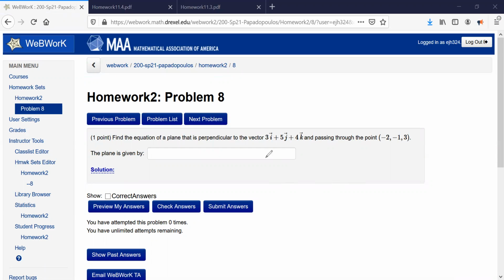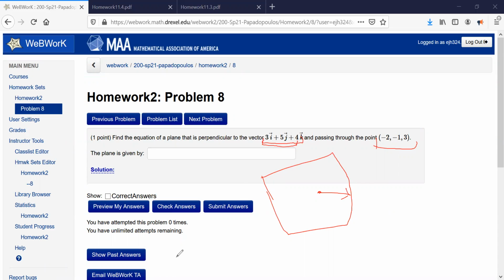Well, basically, if we have a plane, and we've got this point on it, and then we've got this vector that's perpendicular to this plane at this point, it turns out very nicely that the normal to this plane, the vector that's perpendicular to this plane, is going to have basically the same coefficients.